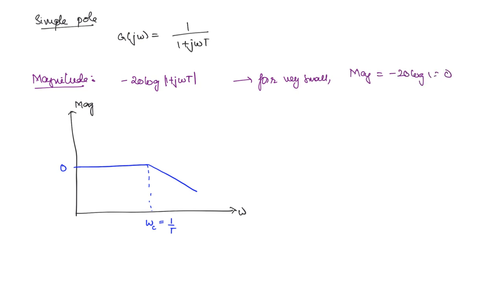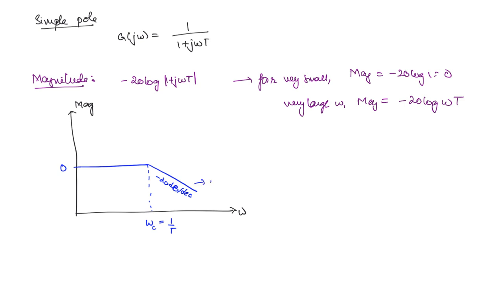And for very large omega, the magnitude is going to become minus 20 log omega t. Okay. So you can see that there is a negative sign here. So that means what will be the slope? The slope of this line is minus 20 dB per decade. For a simple 0, it was plus 20 dB per decade. Okay. That's all. That is the only difference.